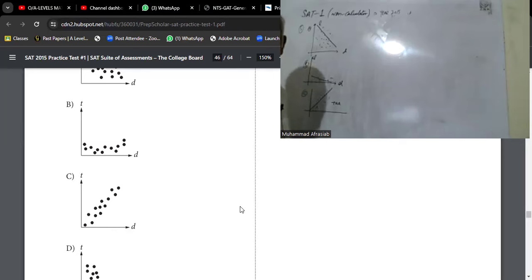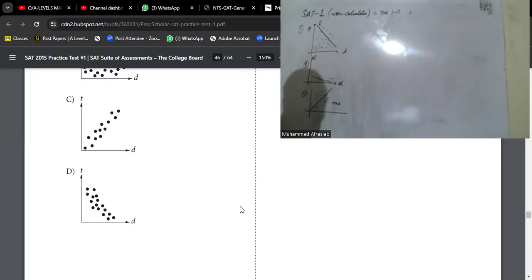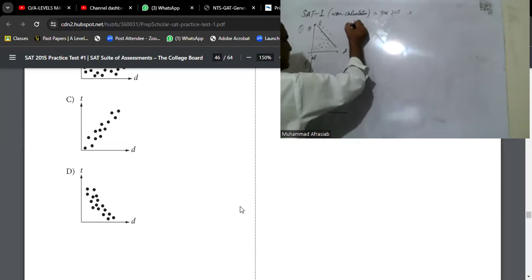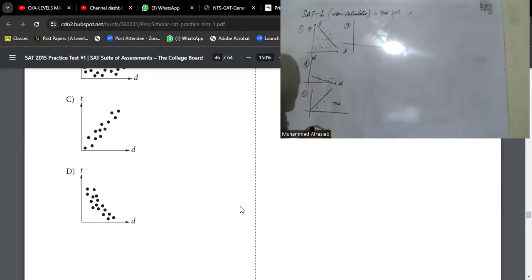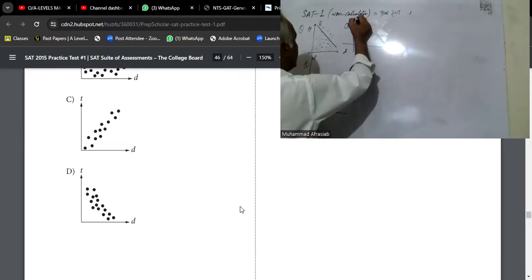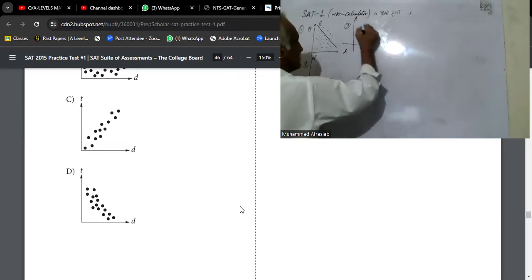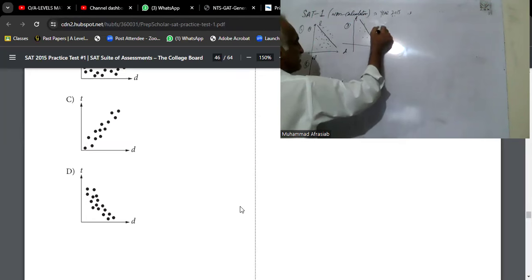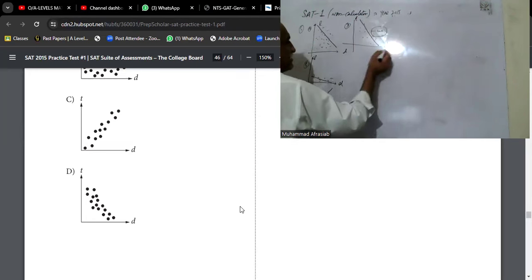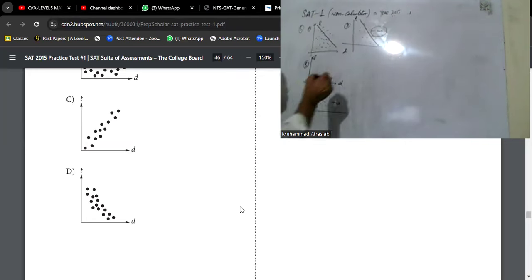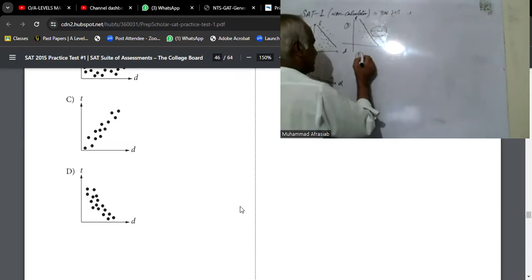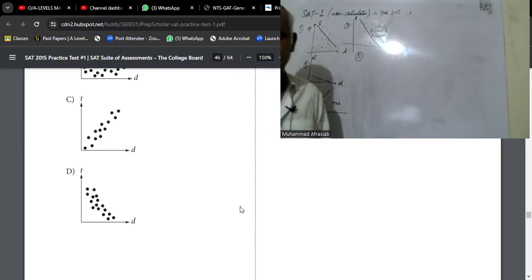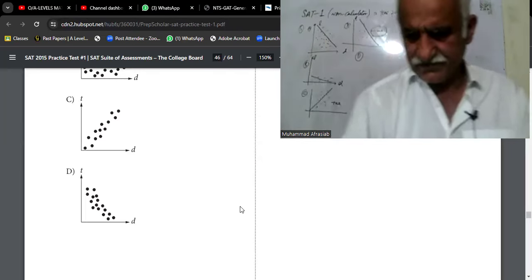Then the part D is there, between L and D. The best fit line is this. So this is the negative association between L and D. So choice D is the answer of question number 5.